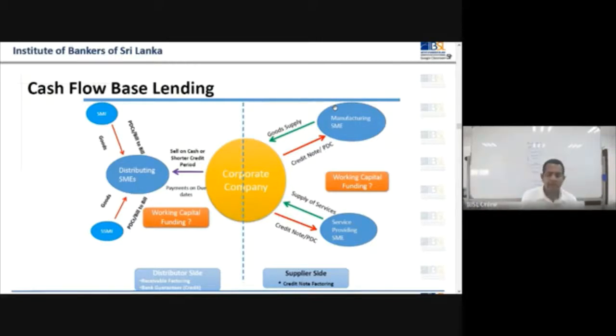Based on that, we will pay the smaller person, the manufacturer. We may pay 75% or 80%, not the entire thing, because we have to take our interest portion. Therefore, we are not paying the entire amount. We reduce the profit part and pay.